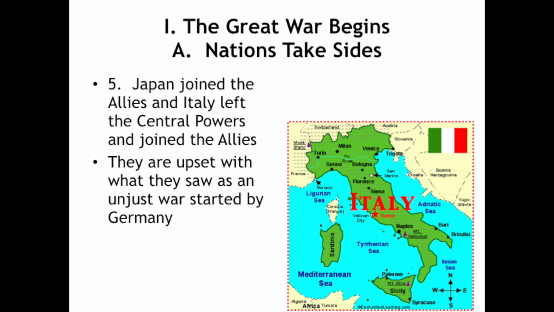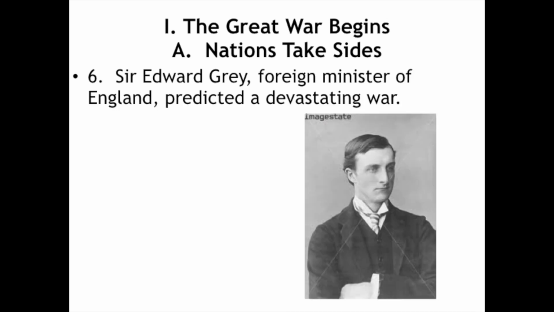Italy would leave the Central Powers specifically because they were upset with Germany attacking Belgium and France and basically starting the war. They saw Germany as being unjust, and therefore they would leave the Central Powers and join the Allies.